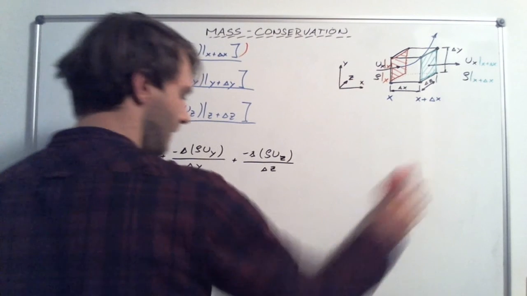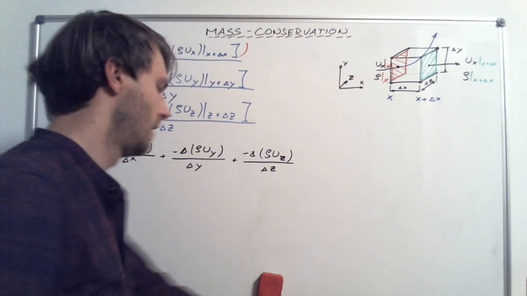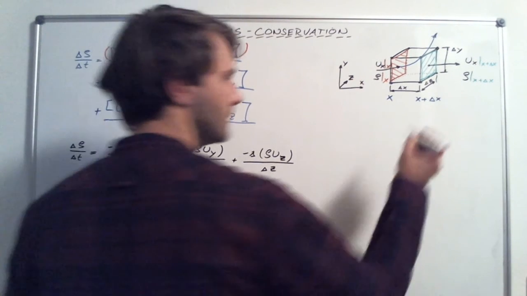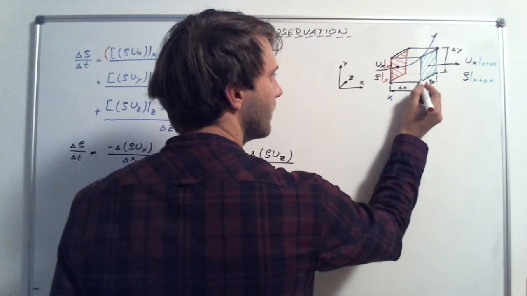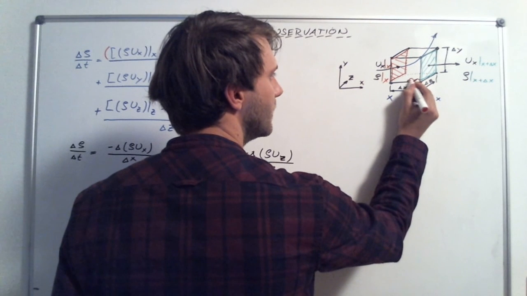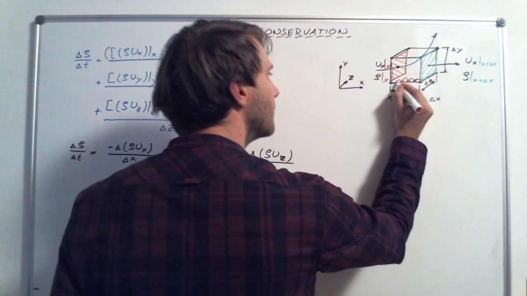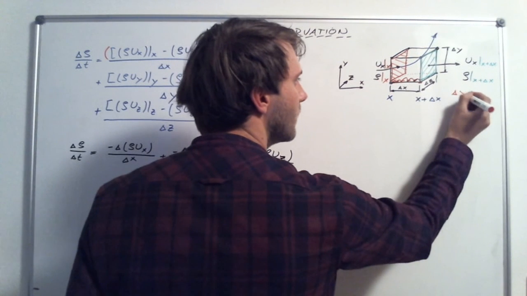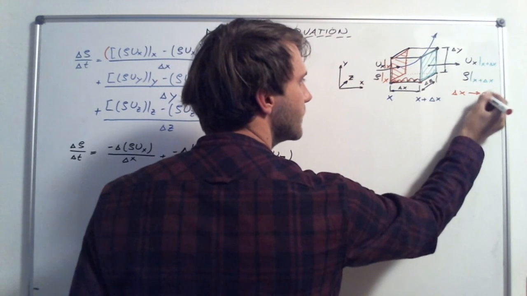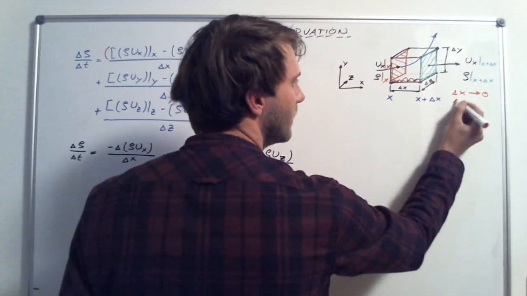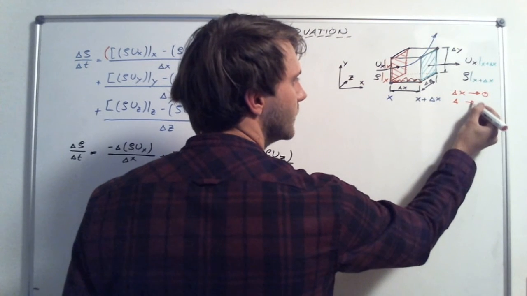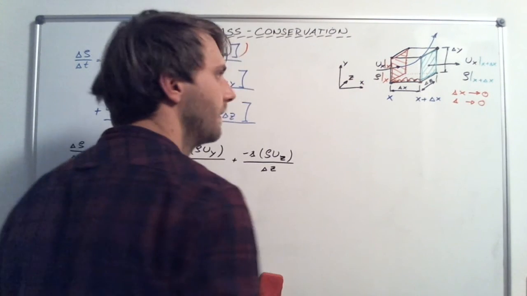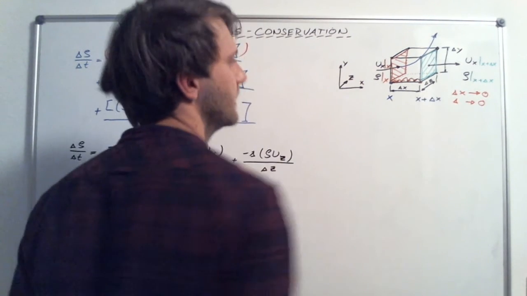And now what we have to introduce, or we will not introduce something, but now we take this point and we put it here, put it here, put it here, and we make delta x going to 0. So finally delta will go to 0, and for x, y, and z.